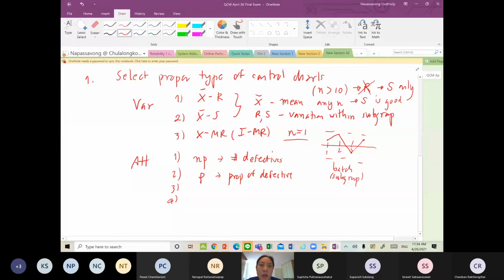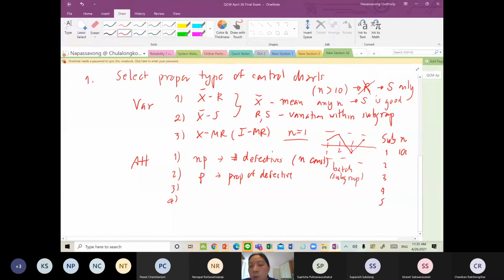And to distinguish between these two types of charts, we have to consider the sample size. The sample size means the number of parts that we collect in each sample. If sample size is constant for each subgroup, for example, if you have subgroups like 1, 2, 3, 4, 5, and n, the number of parts that we sample, for subgroup number 1, from hour 1, we collect 100 parts, hour 2, 100.